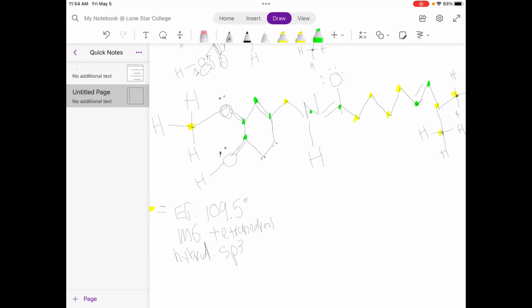I think that's it. Let me draw that right here. Equals electron geometry. Electron geometry for a trigonal planar, or just the 3, is 120.